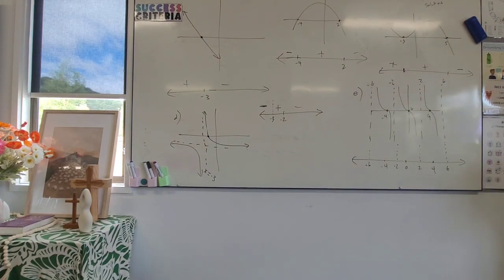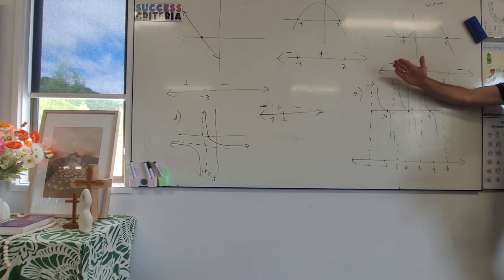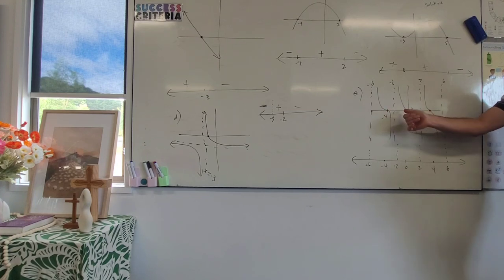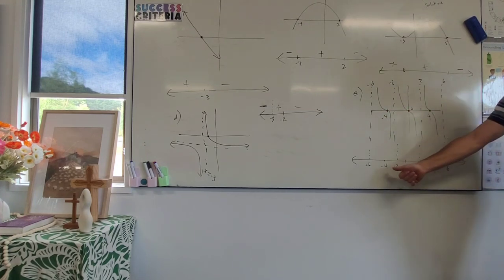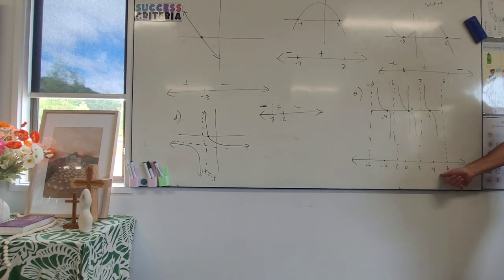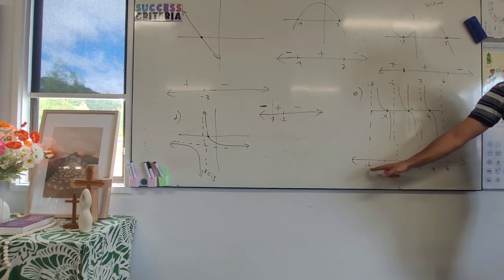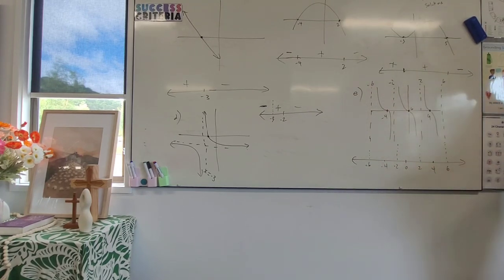So I'm just plotting all of the information from the graph above directly on the axes for the sine diagram. Roots at -4, 0, and 4. Asymptotes at -6, -2, 2, and 6.